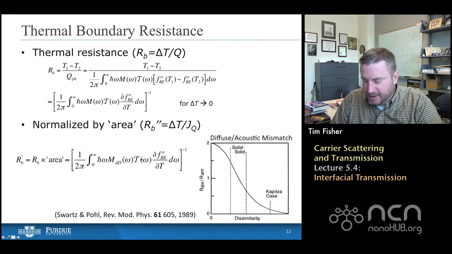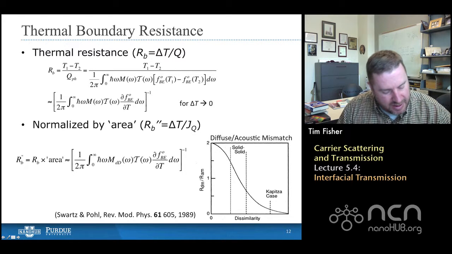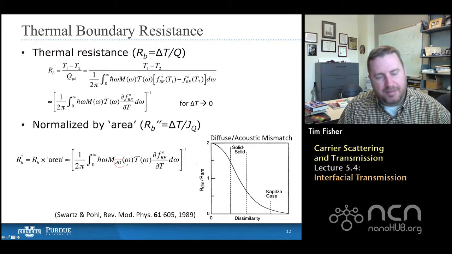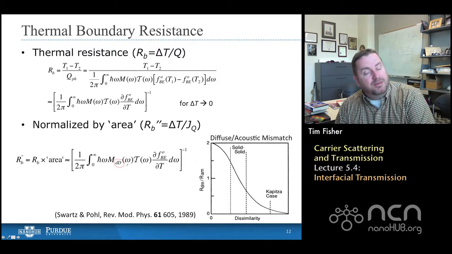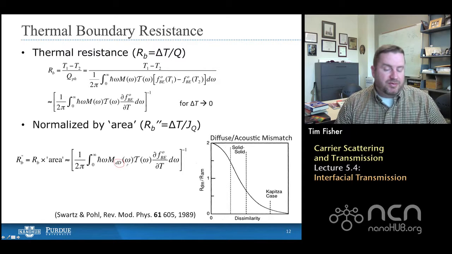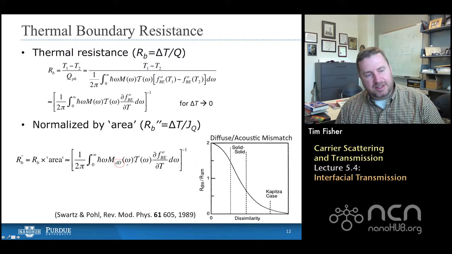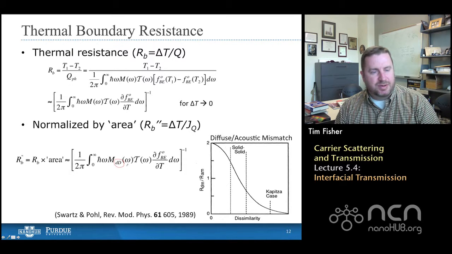And to express it that way, all we do, because remember that the number of modes is actually the area, in quotes, multiplied by the mode density. So that mode density, if you'll recall from before, was a dimensionally dependent term. So again, this area normalized thermal boundary resistance looks very much like the regular thermal boundary resistance. The only thing we do is that we use the mode density instead of the number of modes.